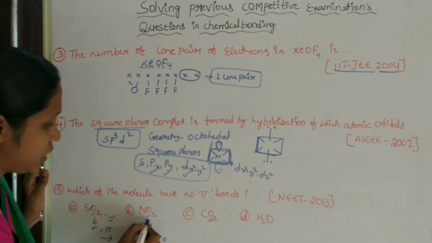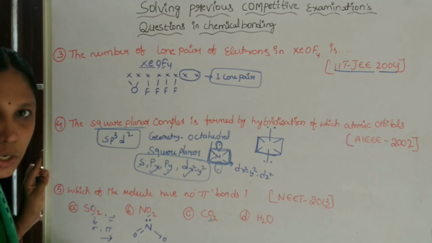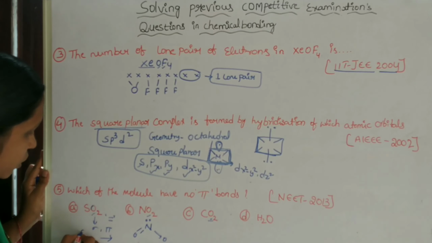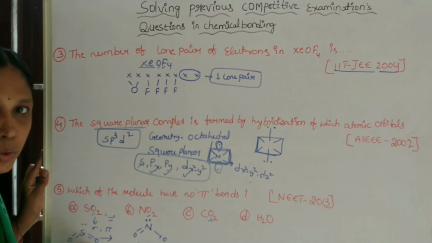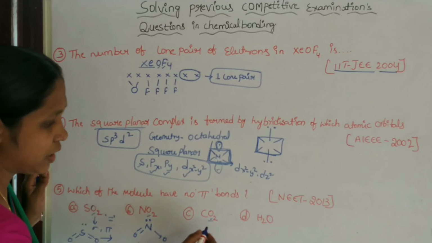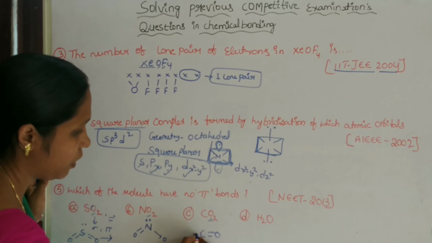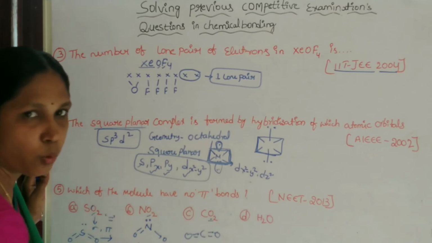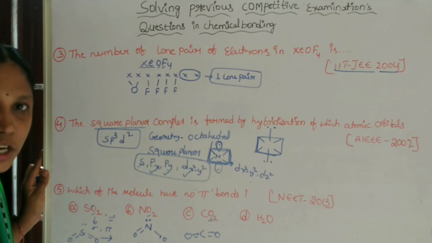Okay, pair of electrons. So in SO2, the molecule has a bent shape, one lone pair and 2 double bonds are there. And CO2, all of you know the shape, linear. But here H2O, the molecule has a V shape.